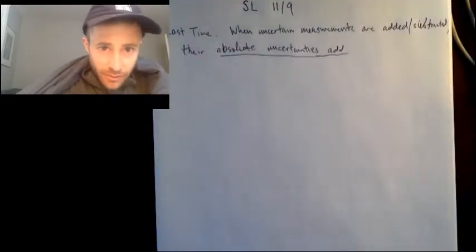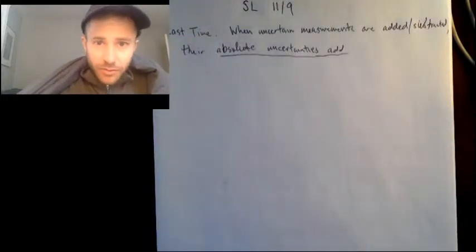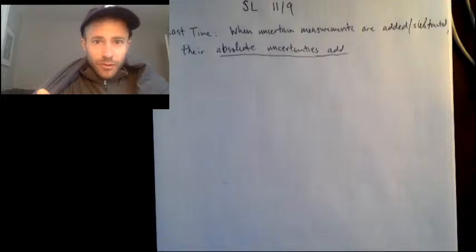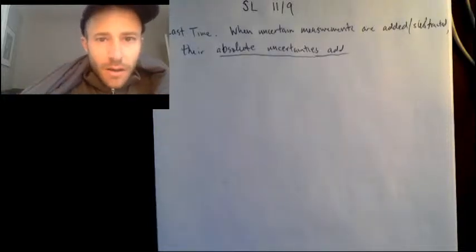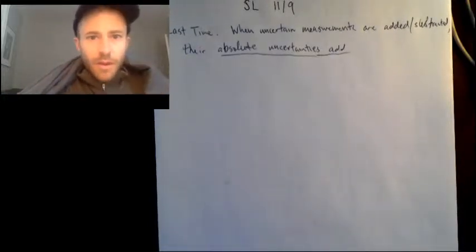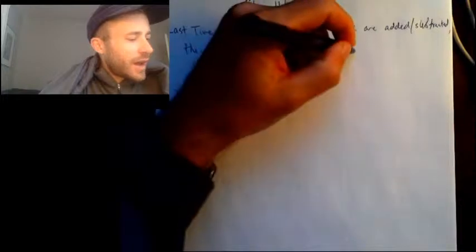So if things are added or subtracted, we don't subtract the absolute uncertainties. We always add them. Okay, the absolute uncertainties add.